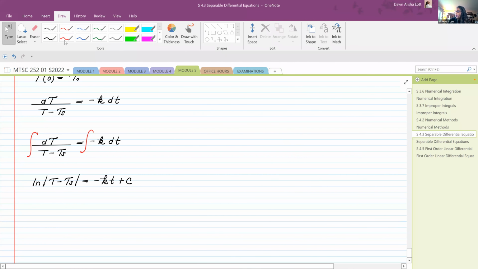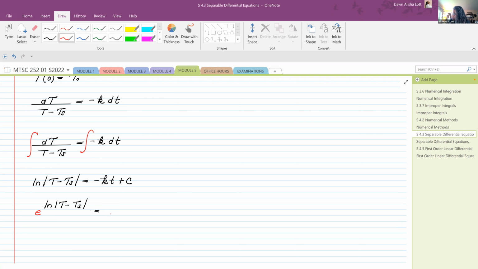Now if we want to solve for T, I'm going to take e to the natural log of T minus Ts. And then that is going to equal e to the negative kt plus a constant.